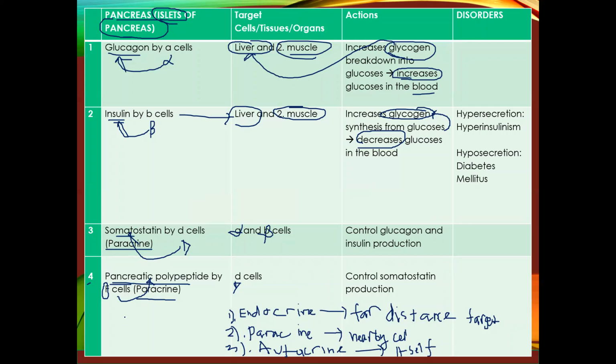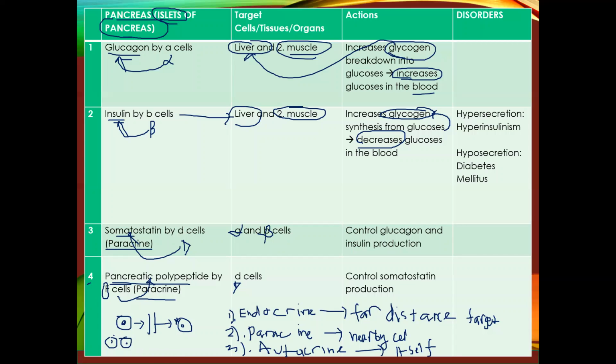Okay, so if we make a diagram, this is the cell that produces the hormone. If it is endocrine, it will go to the blood circulation and then finally go to the target cell over here. Okay. If it is paracrine, this is the one that produces the hormone, this is the neighboring cell.